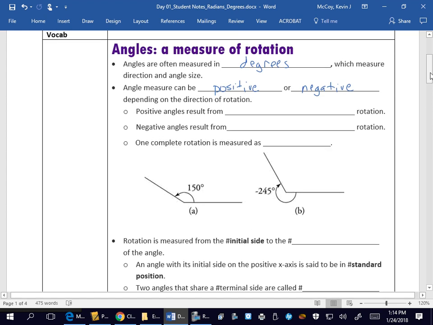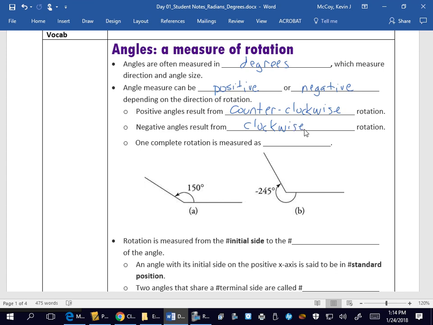Positive angles result from a counterclockwise rotation. And negative angles, therefore, would result in a clockwise rotation.